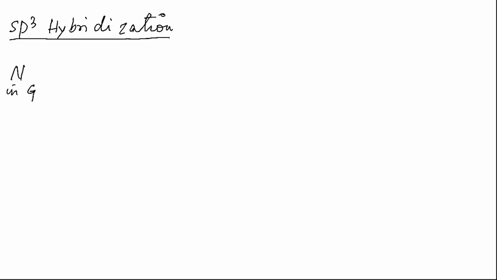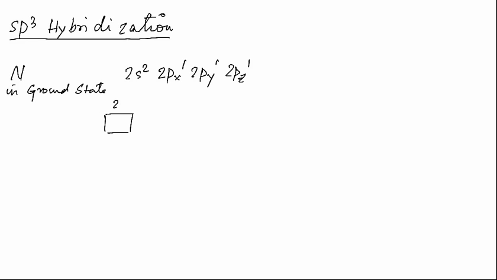So nitrogen in ground state is 2s2, 2px1, 2py1 and 2pz1. So the box model diagram can be written like this.